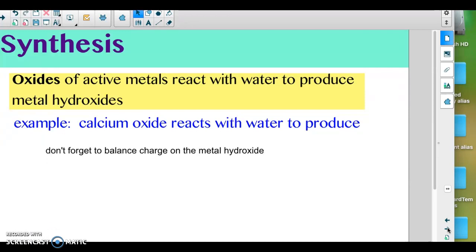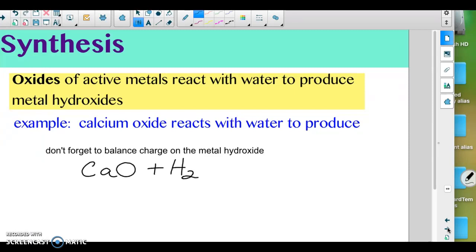Oxides can also react with water and produce metal hydroxides. So calcium oxide, a metal oxide, can react with water, and then we get a metal hydroxide. The metal is calcium, and it's going to be with hydroxide.